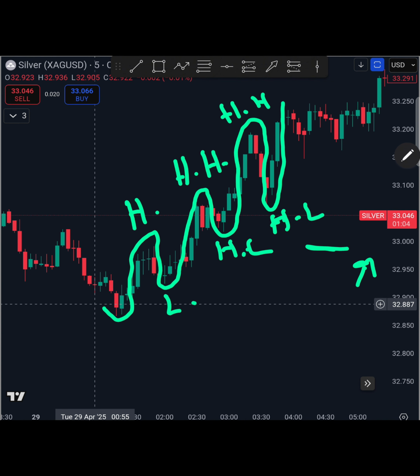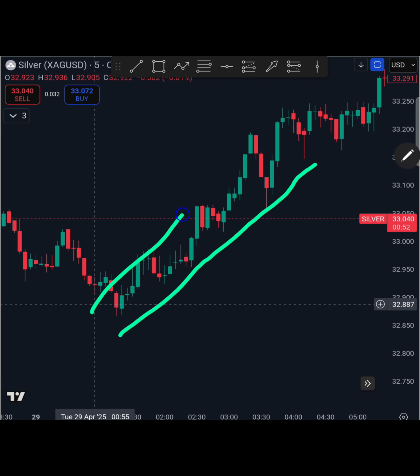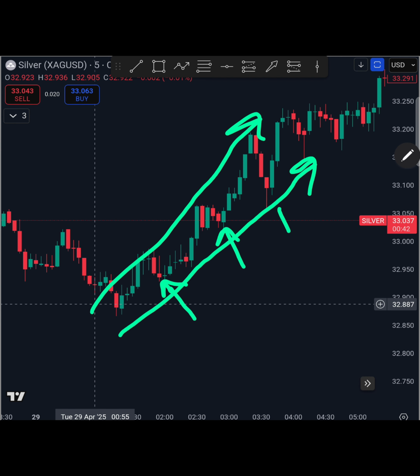Now, as you can see from the candles, you can easily tell that the market is moving upwards. So the important part is to also see the higher lows and the higher highs, and to be able to identify them.